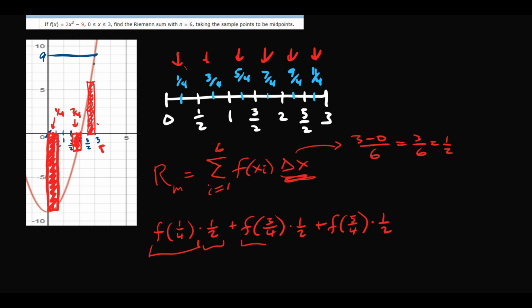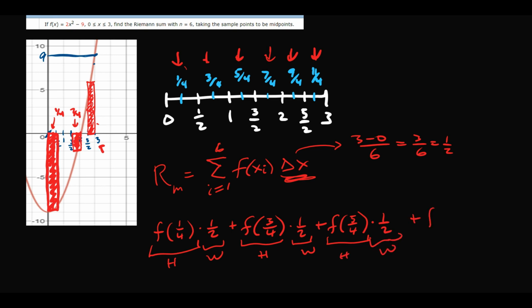Then I take the second rectangle and multiply times 1/2. That's the height, width, or length and width, whatever. The third one is at 5/4, right? So then do that and times 1/2, height, width.